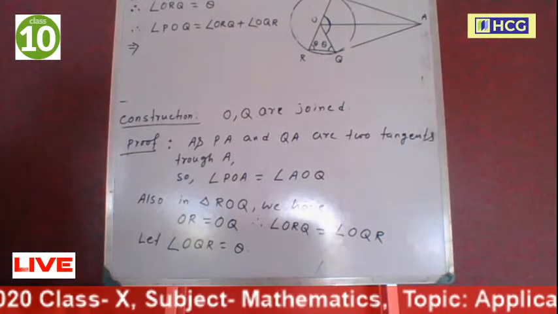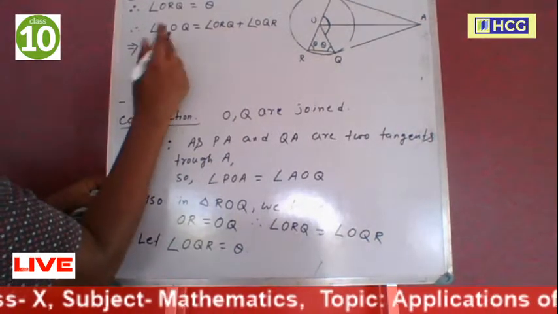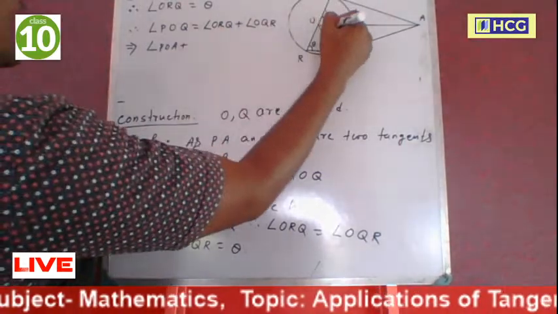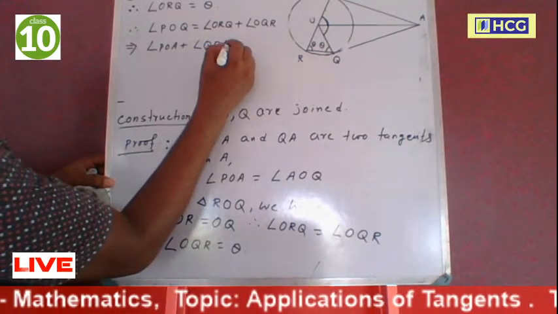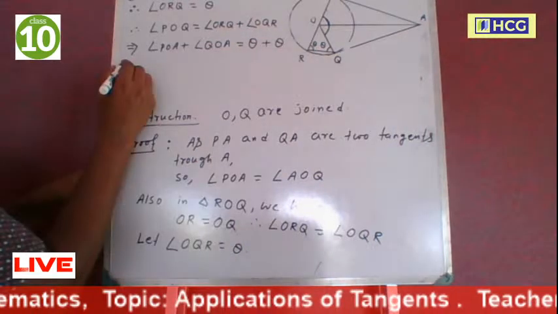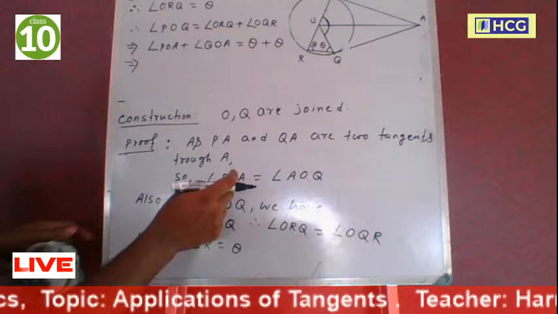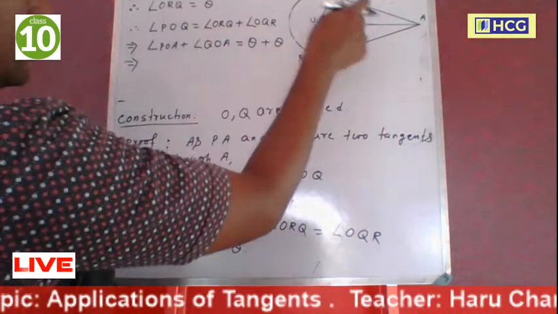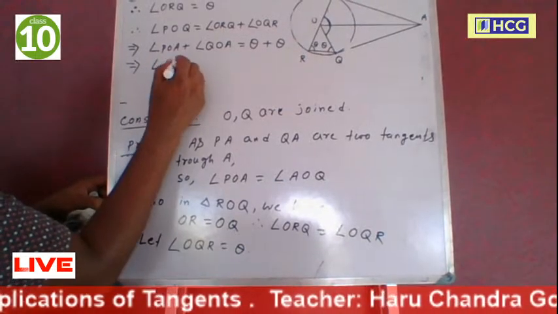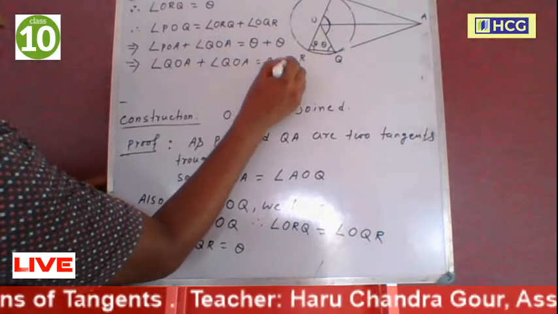Now angle POQ equals the sum of angle POA plus angle QOA. This is equal to theta and this is equal to theta, which implies, as we already proved, POA equals AOQ. In place of POA, we write QOA, so QOA plus QOA equals 2 theta.